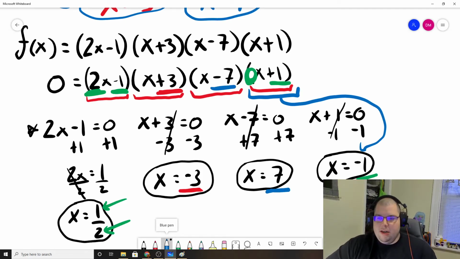So that's one quick way to speed this sort of thing up, especially if you're taking a multiple choice test that's being timed like the SAT or ACT, and they ask you to find the zeros. You can move pretty quickly through this type of problem by just taking the opposite of that number that's in the parentheses to find the zeros.